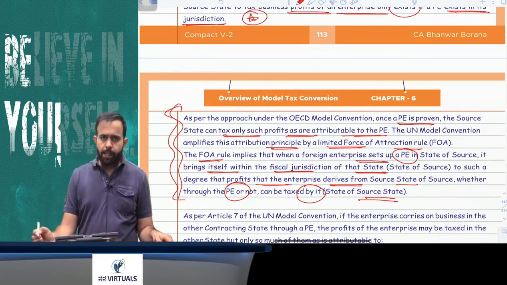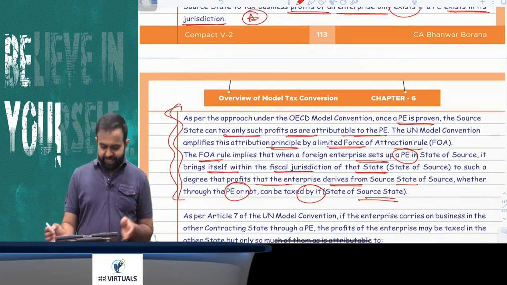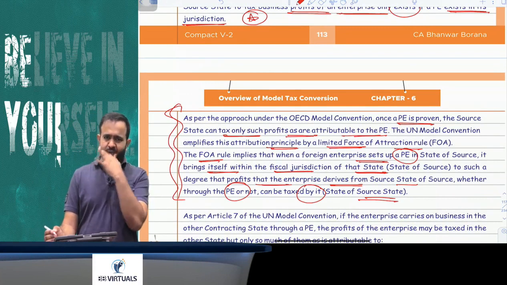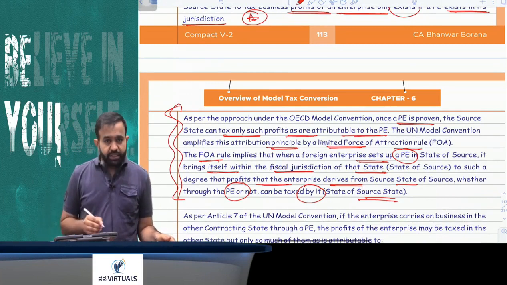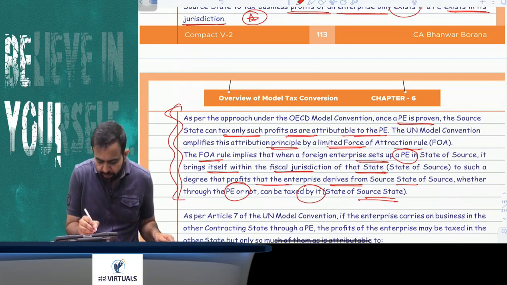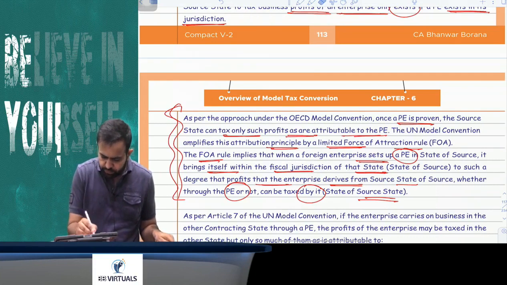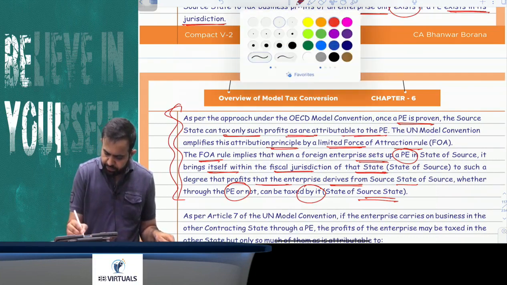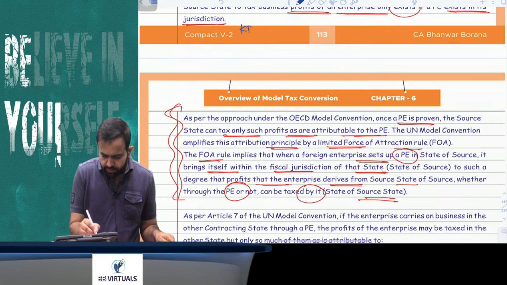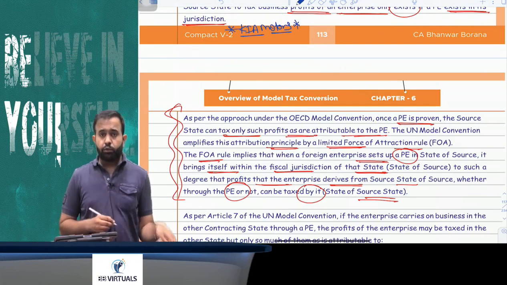What happened? Suppose we take one example. There is a company, named Kia Motors, and that Kia Motors is from Japan.